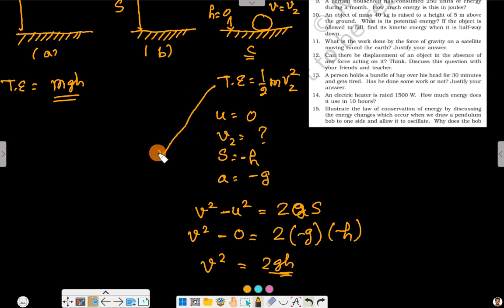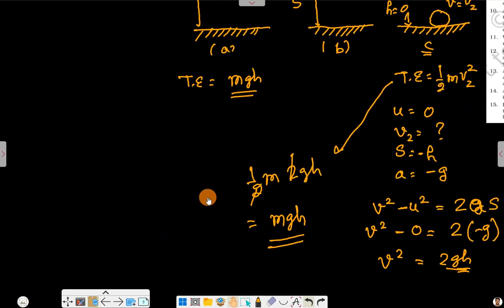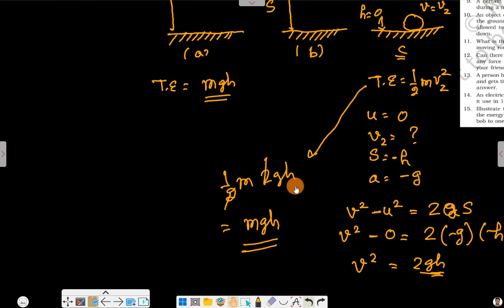Now we put this value of v square into the total energy formula, half m v2 square, where v2 square's value is 2gh, so it comes out to be mgh. So our total energy remains constant. Due to this, there is no violation of the law of conservation of energy.